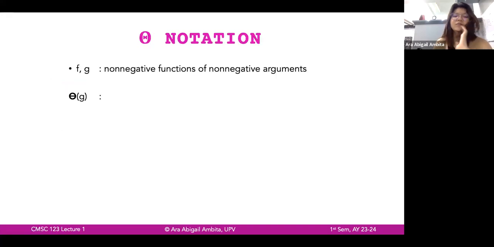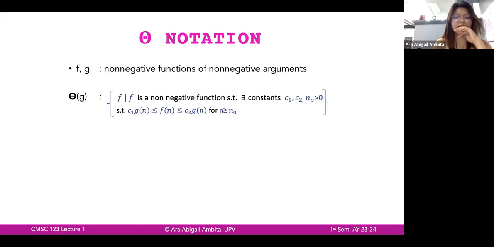Okay? So now, this is the formal definition of theta: f and g are non-negative functions of non-negative arguments. So f is a non-negative function such that for some constants c sub 1 and c sub 2, as well as an input size n naught, f of n will be greater than or equal to c sub 1 times g of n and less than or equal to c sub 2 times g of n for all inputs greater than or equal to n naught.